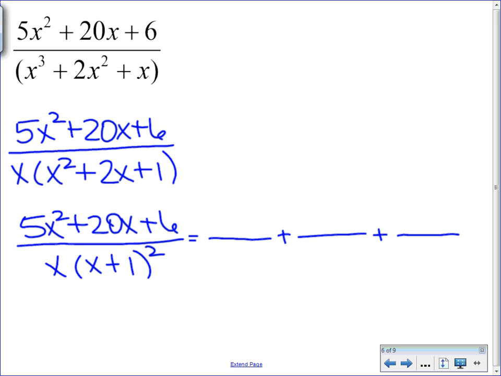One of them is going to have a denominator of x. Now, x plus 1 is happening twice, and we have to account for that in our fraction. So in this fraction, I'm going to write x plus 1. And then in the last fraction, I'm going to write x plus 1, the quantity squared.